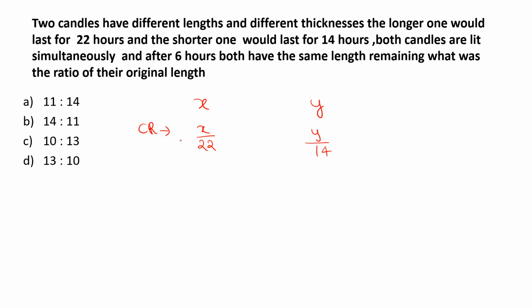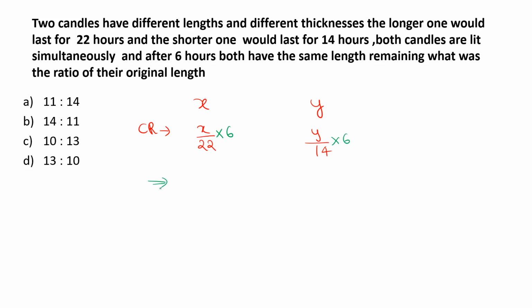Okay, but both the candles were lit simultaneously and those two candles are allowed to burn for 6 hours. After 6 hours, the total consumption would be 6 times the 1 hour consumption, that is x by 22 and y by 14 respectively.